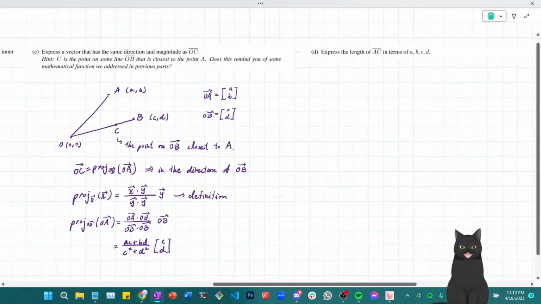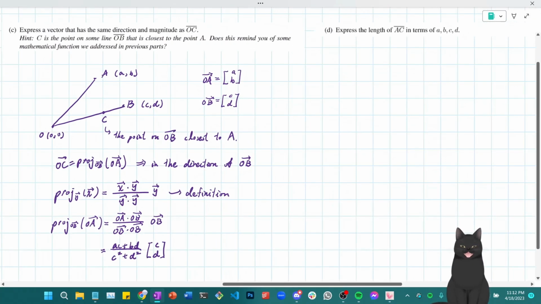So I'm gonna try to shrink the window. Here we go. So now that we have expressed a vector that has the same direction and magnitude as OC, we can now express the length of AC in terms of ABCD, which is what part D does.